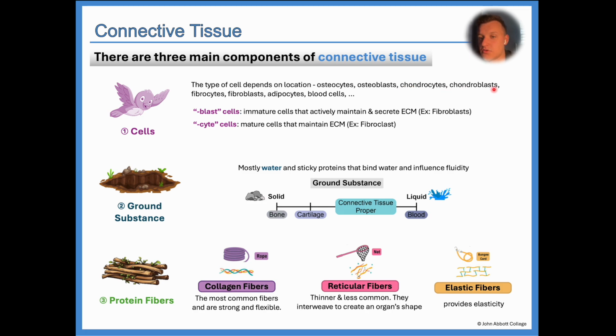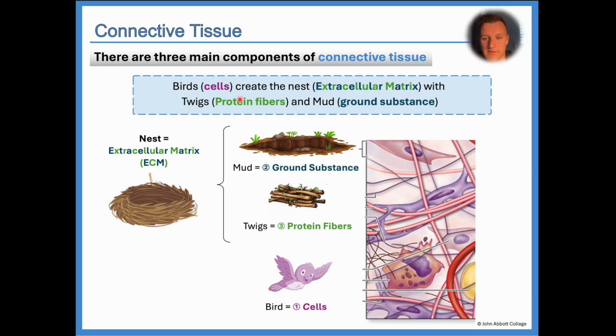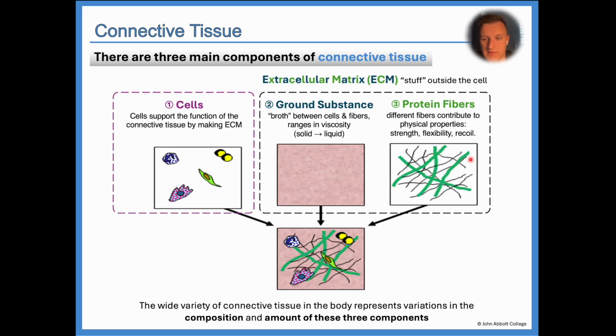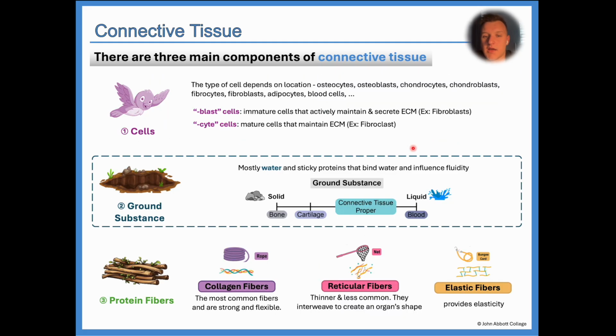Chondrocytes and chondroblasts are cartilage cells. We'll talk about chondro in a minute. Fibrocytes and fibroblasts are cells that make a lot of fibers, like these protein fibers I talked about, the twigs. Adipocytes, I think I mentioned it.